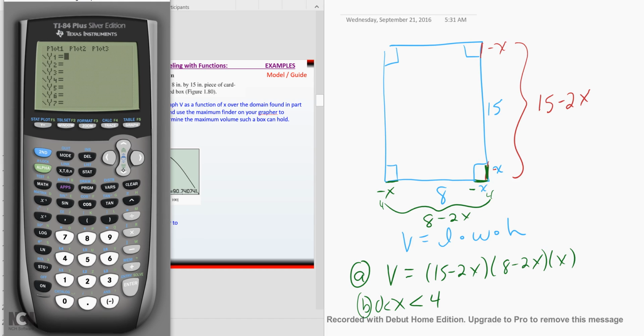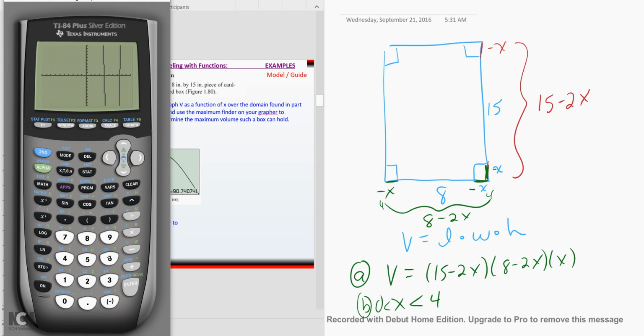So I'm going to have 15 minus 2x, parentheses, 8 minus 2x, parentheses, x. And if I do a zoom 6, that will take me to a standard window.